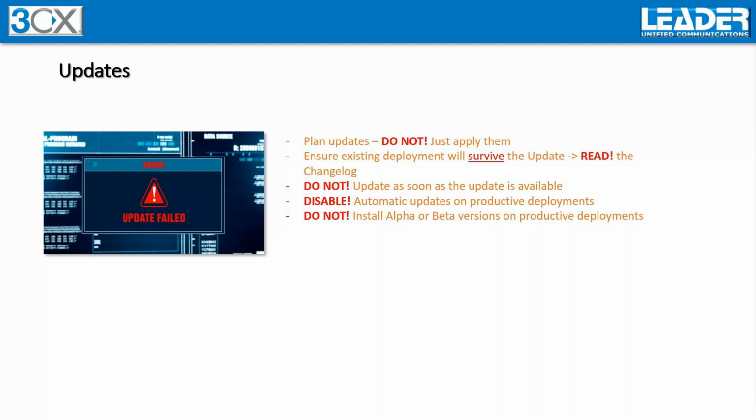Imagine, literally a year ago, 3CX had a security breach. You remember, the Electron app, the desktop app, had a security breach. Everyone who did not update the system immediately was fine.